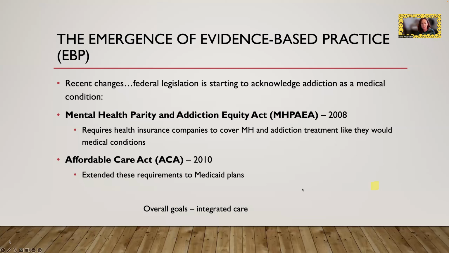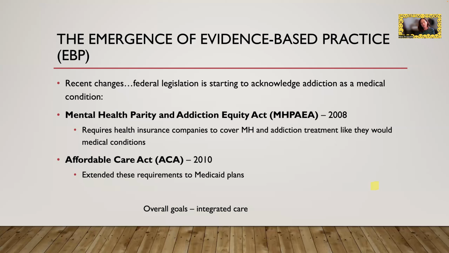Okay, now the Affordable Care Act extended those requirements to Medicaid. So what is Medicaid? Medicaid is government-provided health insurance for people who make under a certain amount of income. So we're talking low income people. Medicaid plans also were not covering addiction treatment reliably, depending upon the state.